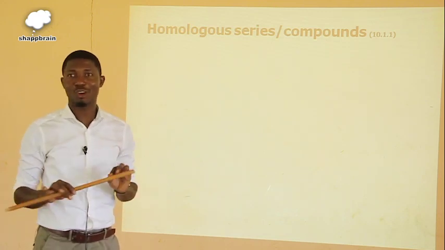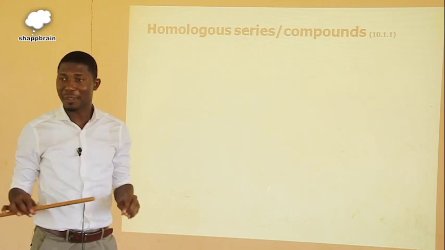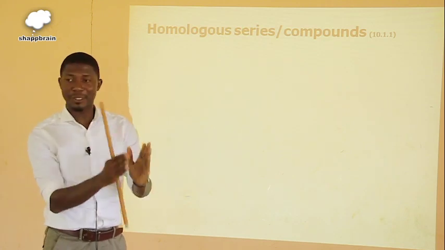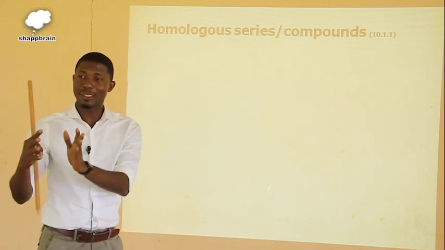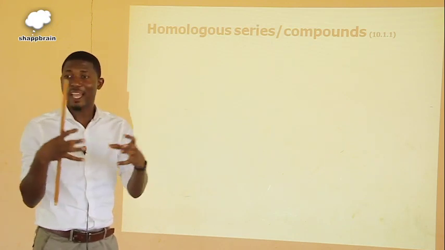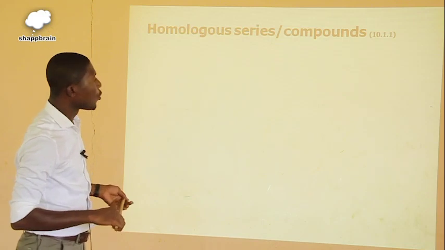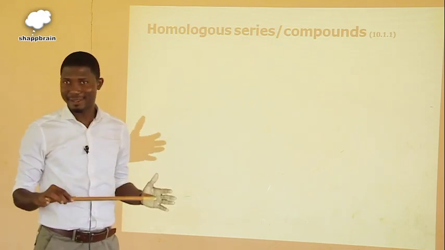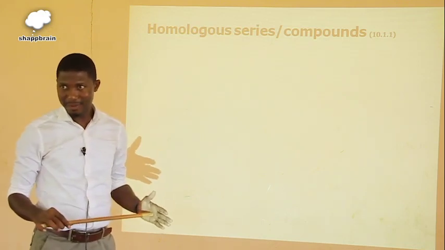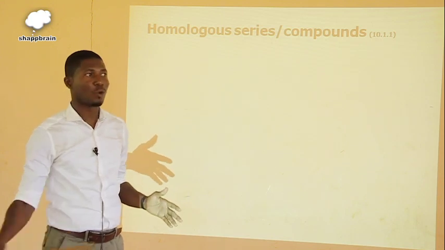That's what we mean by a hydrocarbon, like the name suggests. So the hydro represents hydrogen, then the carbon represents what? Carbon. So we put it together as what? Hydrocarbon. Now, the hydrocarbons undergo what we call homologous series. Now let's see what homologous series is.